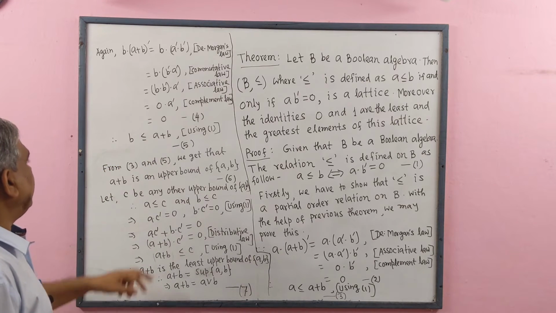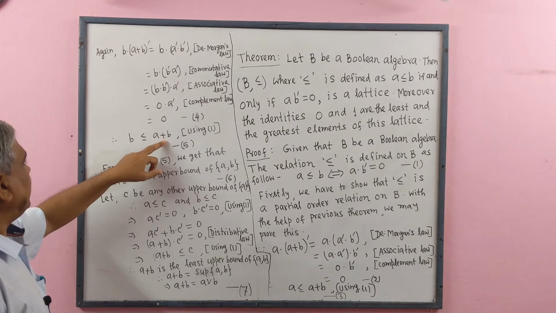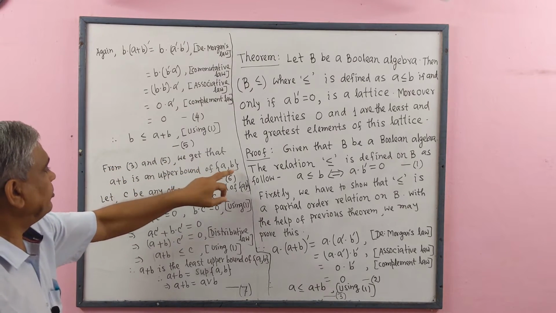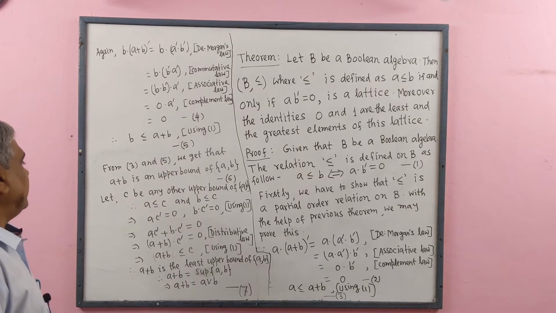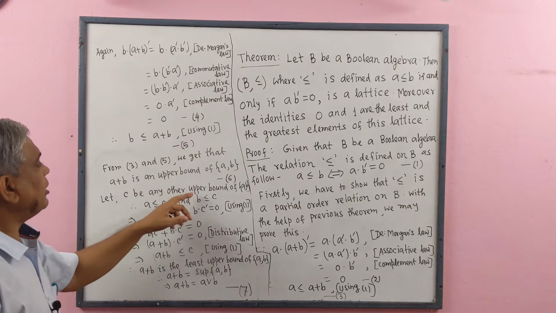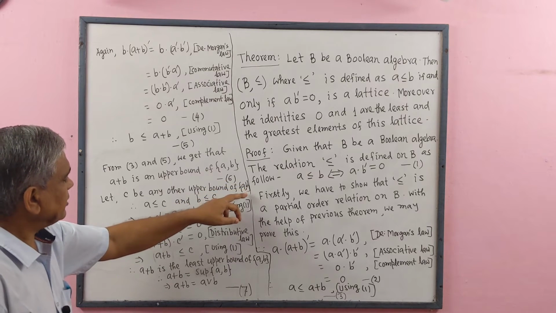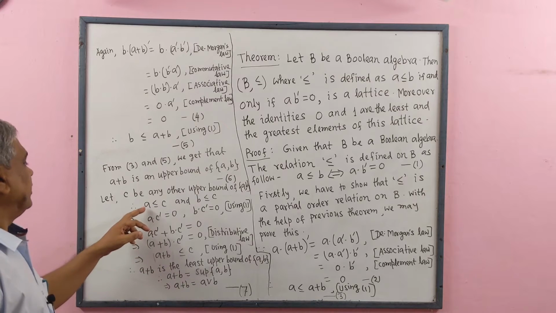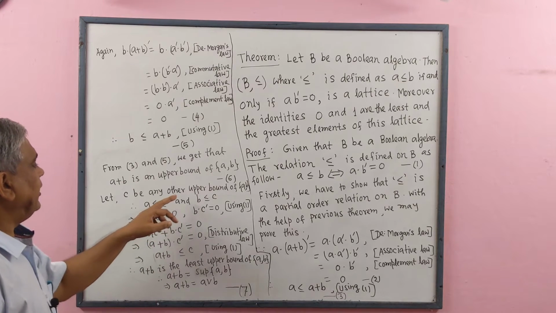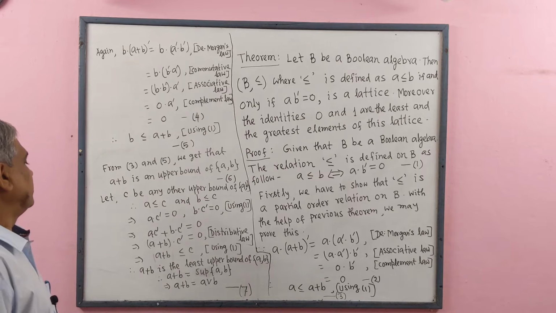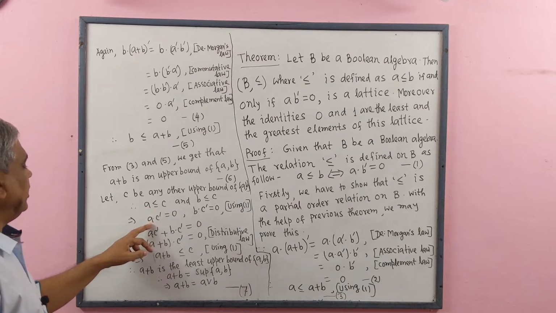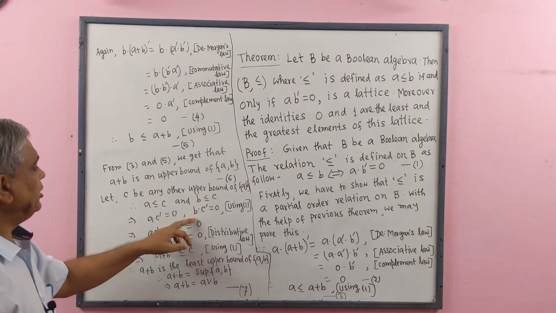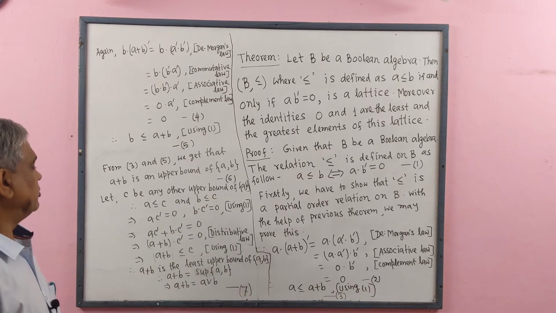Therefore, A plus B is an upper bound of the set containing elements A and B. Let C be any other upper bound of the set containing elements A and B. Therefore, A is related to C and B is related to C. This means A dot complement of C equal to 0 and B dot complement of C equal to 0.